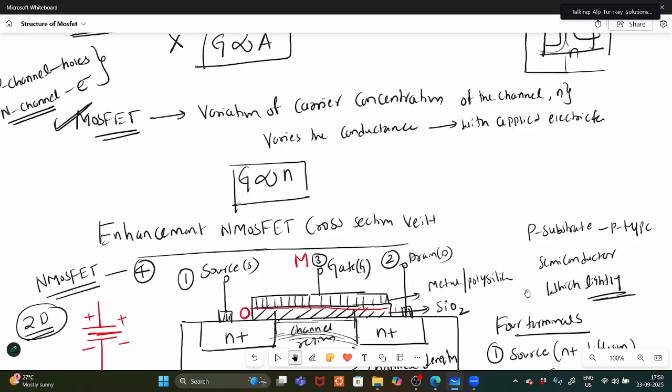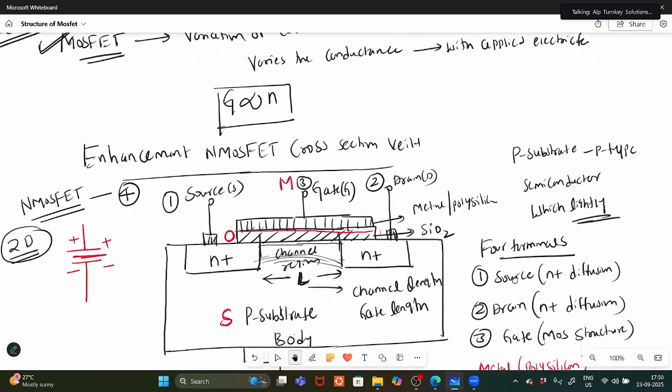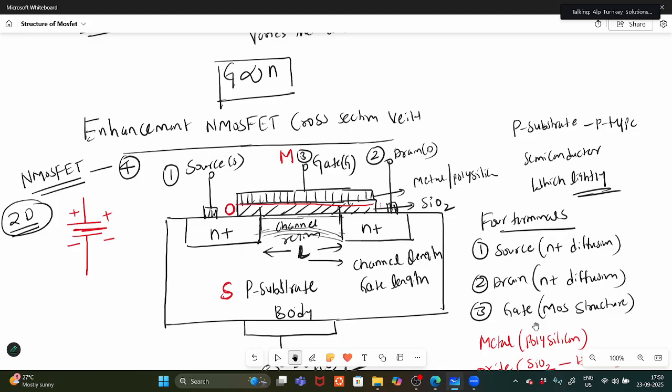We should take low power. So why do we need extra power to control the charge carriers? That is in the depletion type MOSFET. Here in enhancement MOSFET, the channel is not there, so we just apply the external voltage so that internally we develop the channel.